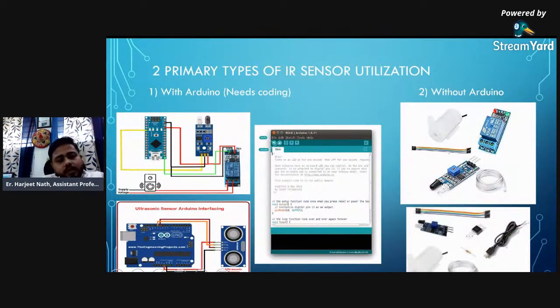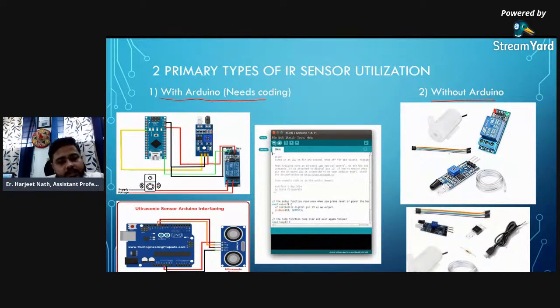Now, these IR sensors can also be divided into two types depending on their working. One is when you use the IR sensor with an Arduino based device, which needs coding. The other can be connected and circuited in your hand sanitizing system without the need of any Arduino, that means without the need of any coding.